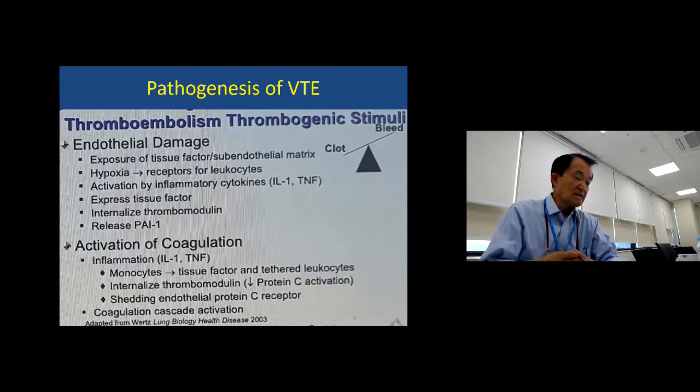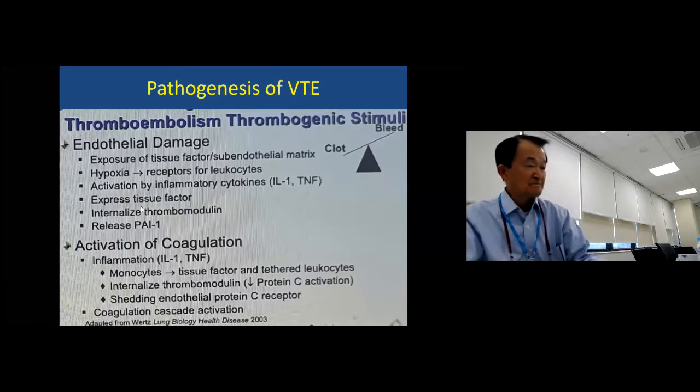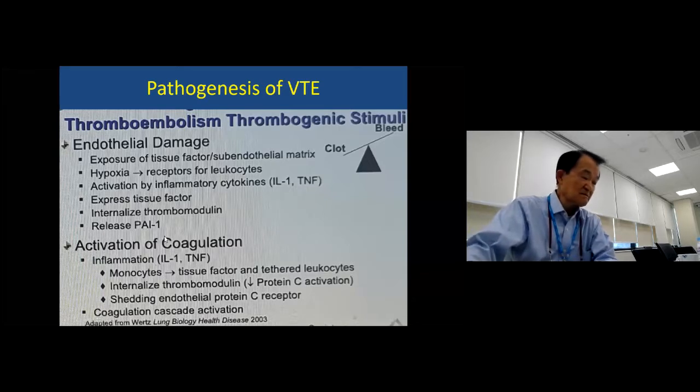Again, activation of coagulation is related to inflammation. A lot of these factors involve protein C, with decreased protein C. Endothelial damage occurs, which causes hypoxia and cytokine release, internalizes thrombomodulin, and releases thromboactivating inhibitor.